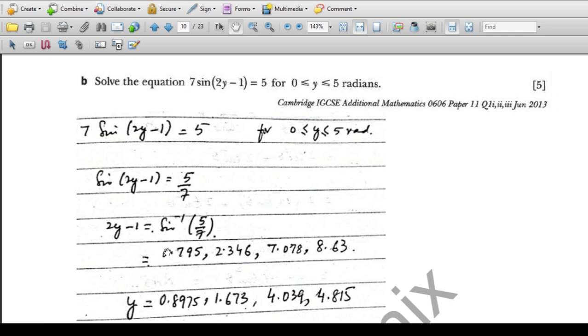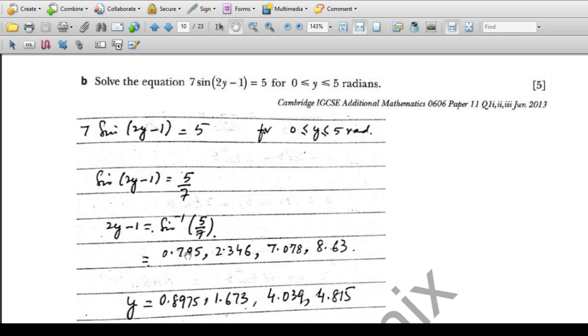So if 2y minus 1 is this, we shift the 1 and add 1 here. 2y is equal to 1.795, this becomes 3.346, this becomes 8.078, and this is 9.63. 2y is equal to 9.63, and after that we will divide each number by 2.